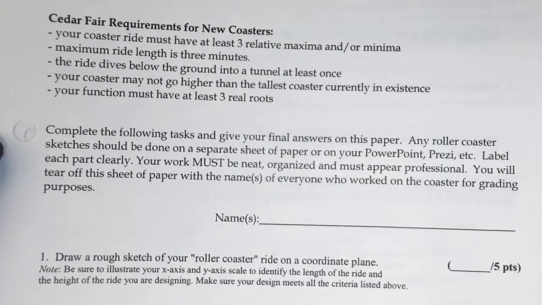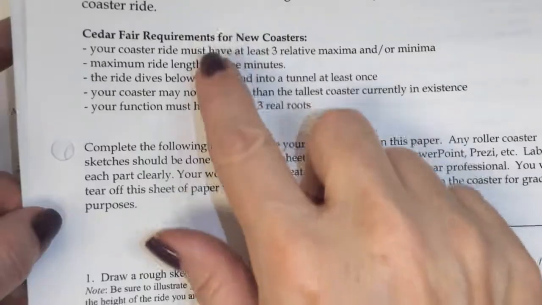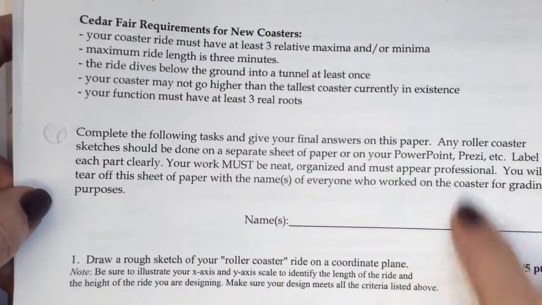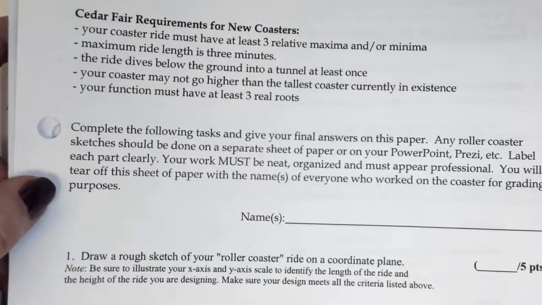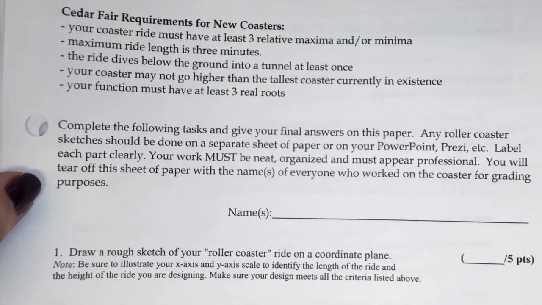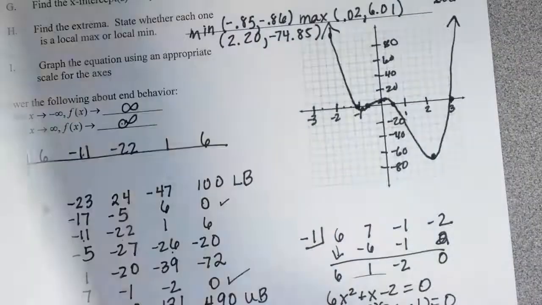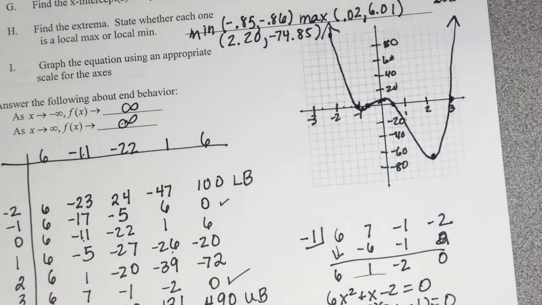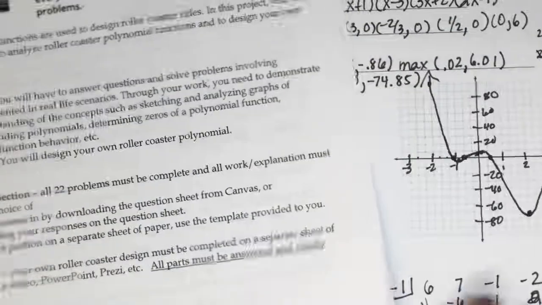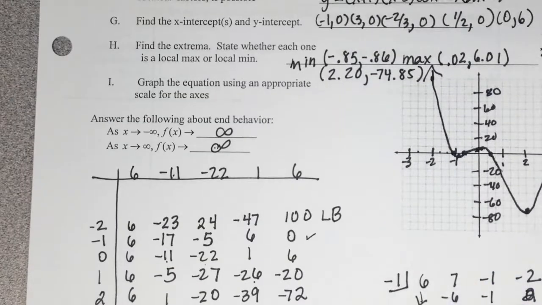This is your project where you have to come up with a single polynomial function that could meet all of these requirements. Okay? And you can present that however you want. You can do it just on a Word document, you can do a PowerPoint, Prezi, whatever you want to do. All right? So you will have all of the rest of this period as well as Friday to get these 2 things done. And you can work with whomever you'd like to work with.